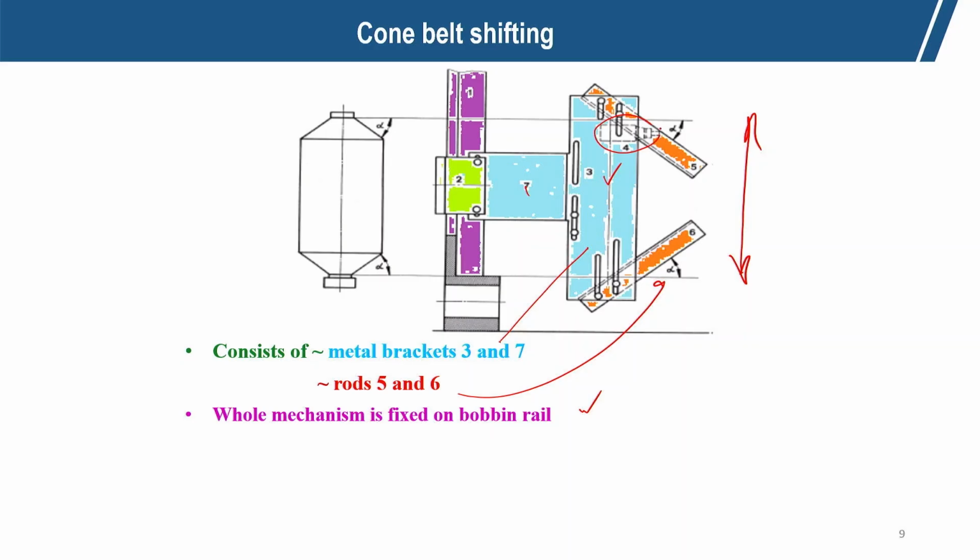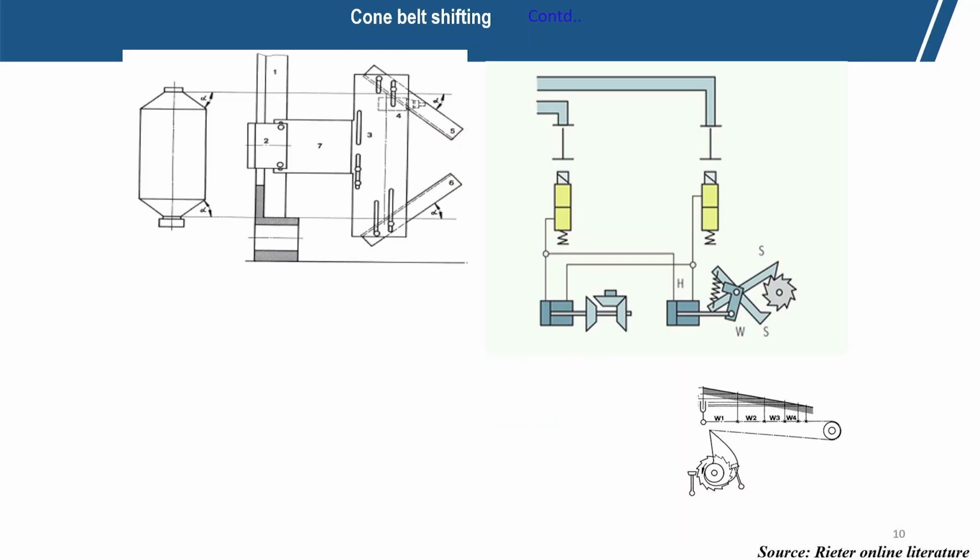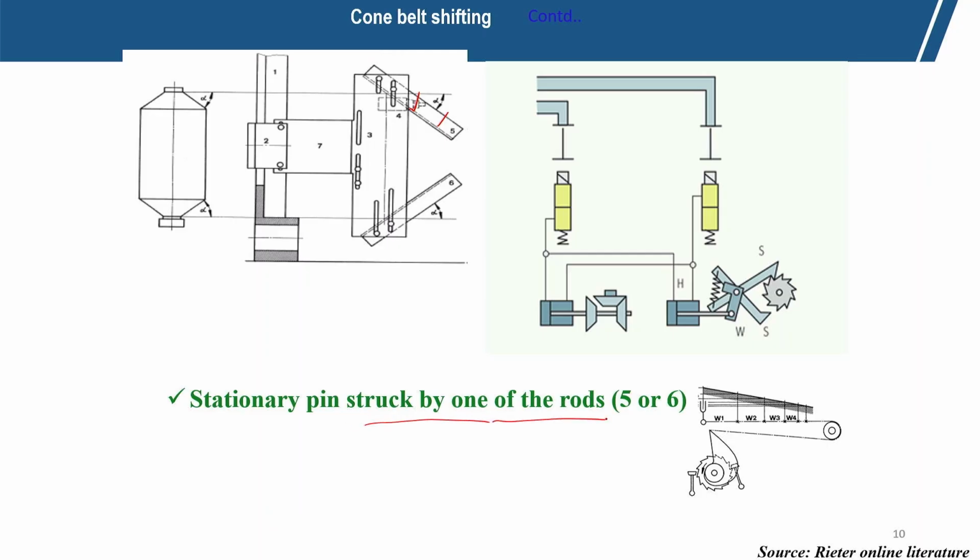Now there is an electronic plug that moves up and down. When it is at the extreme up or extreme low position, the plug strikes rods 3, 5 and 6. The stationary pin strikes one of the rods 5 or 6, and it emits a signal.